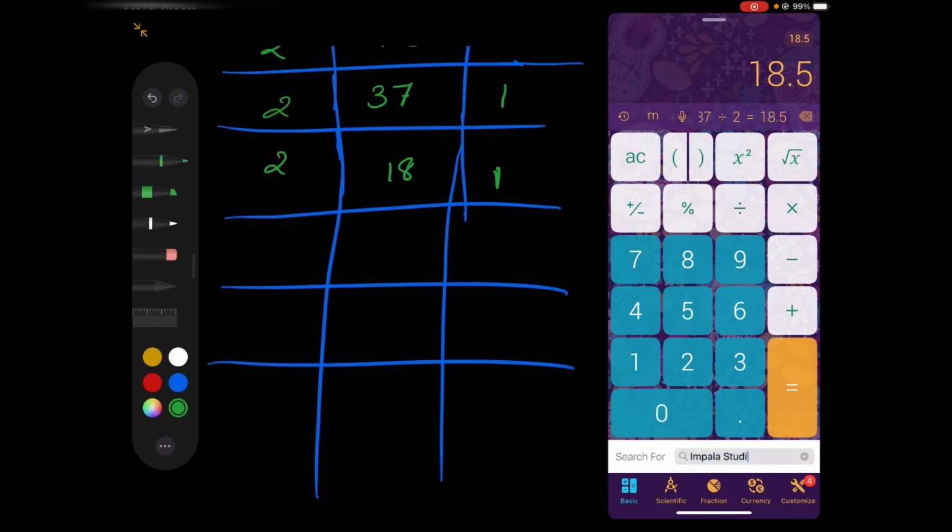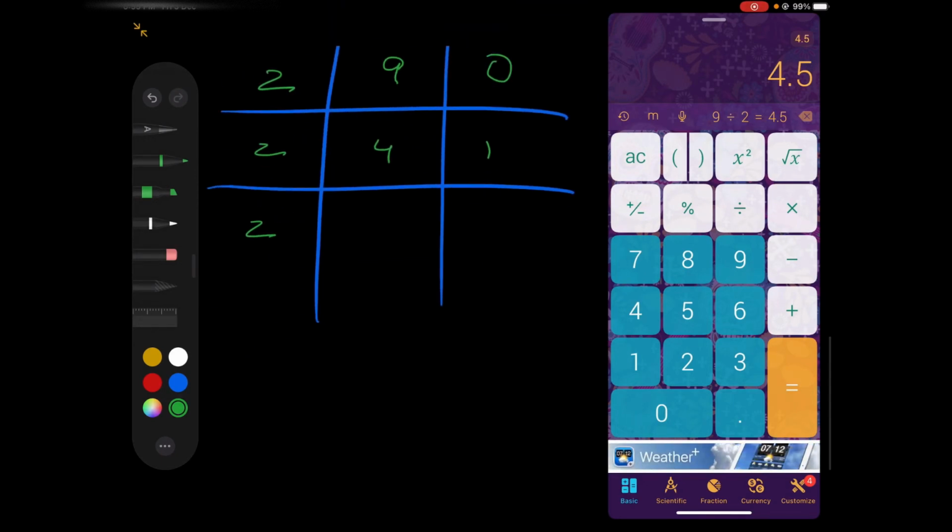Now again, first minus 0.5 and then divided by 2, and it is 9. So 9, 0 remainder, again divided by 2, so 1, and here now again divided by 2.